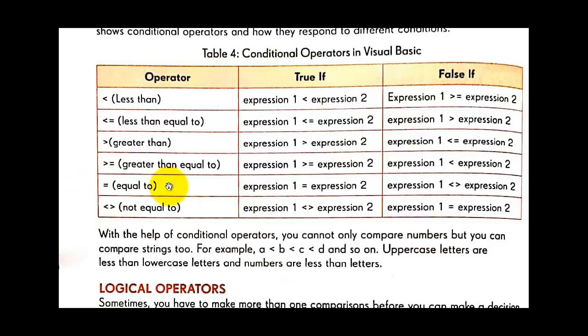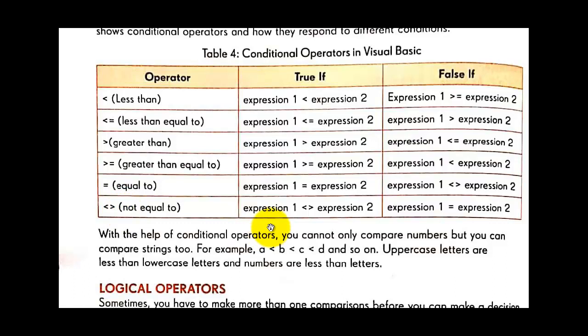Then greater than or equal to is the same, and equal to is also the same. If expression 1 is equal to expression 2, then it is true. It is false only when expression 1 is not equal to expression 2. This is the symbol for not equal to, okay? So not equal to is also used.